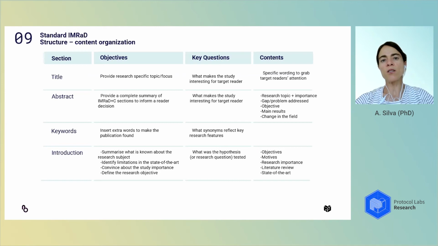So you have to identify differences and showcase the added value of your research at the moment, and in what way it differs from previous ones and how it proposes itself to advance the field.